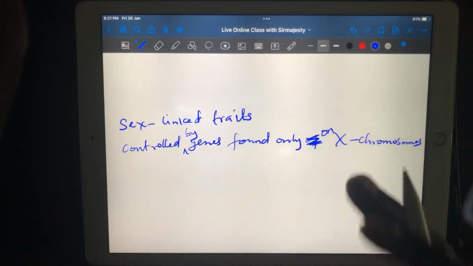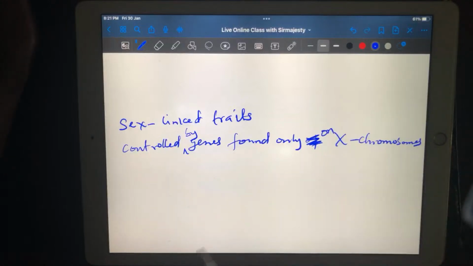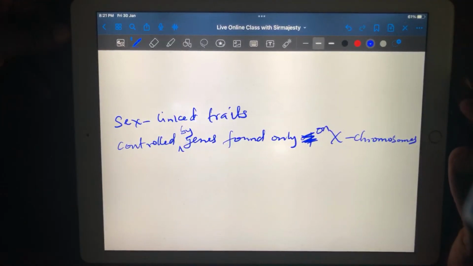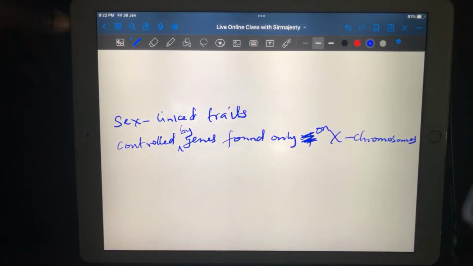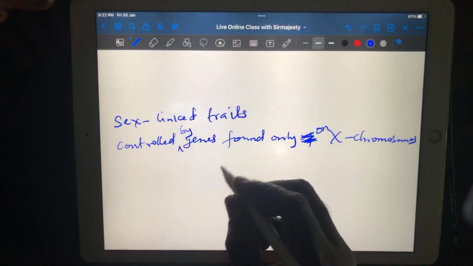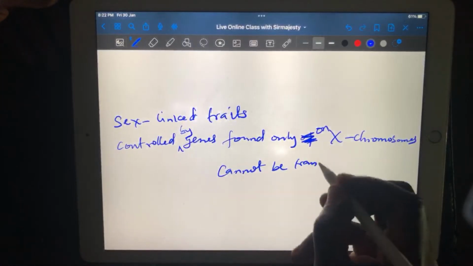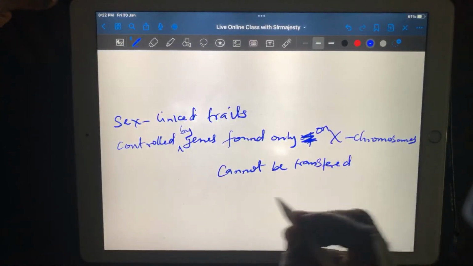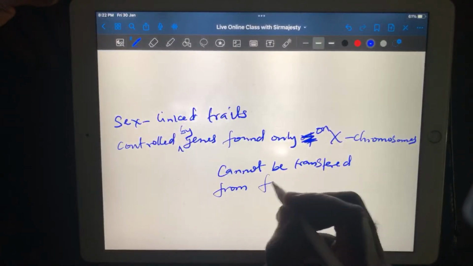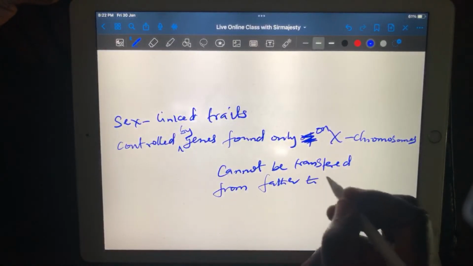I say you cannot find them on Y chromosomes. Because of this, it cannot be transferred from father to son. Did you hear me? Sex-linked traits or sex-linked diseases, sex-linked characters cannot be transferred from father to son.